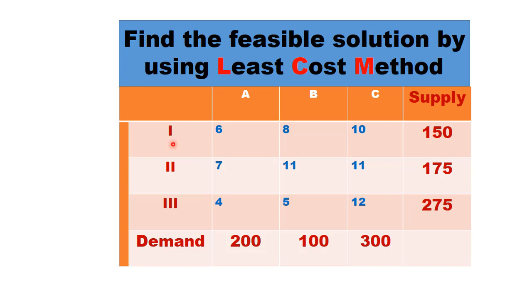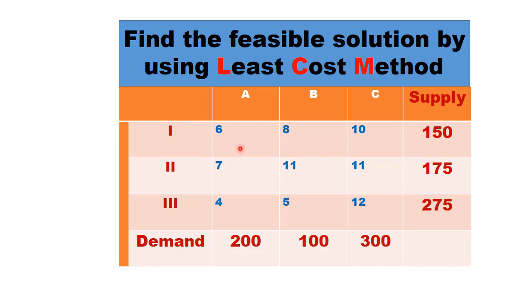So let us start. There are three sources, 1, 2, 3, and there are three warehouses A, B, C. This is our given transportation problem. The cost of transporting one item from sources to destinations is also given.